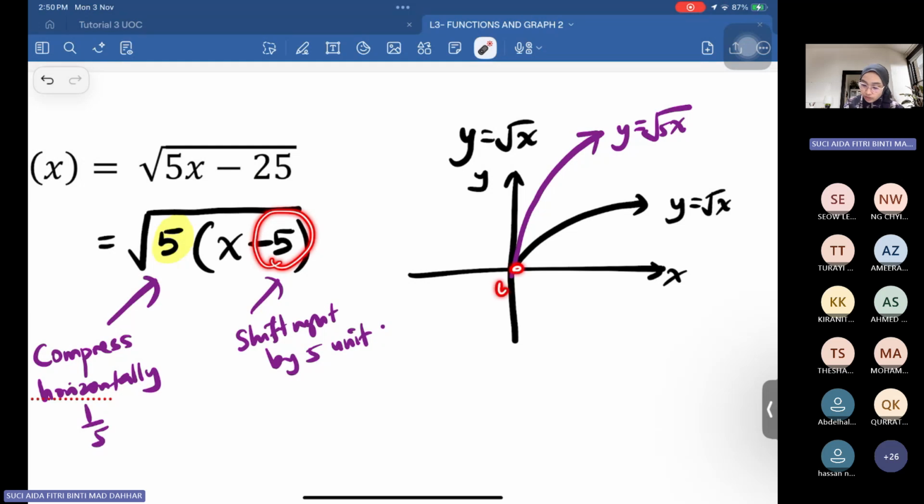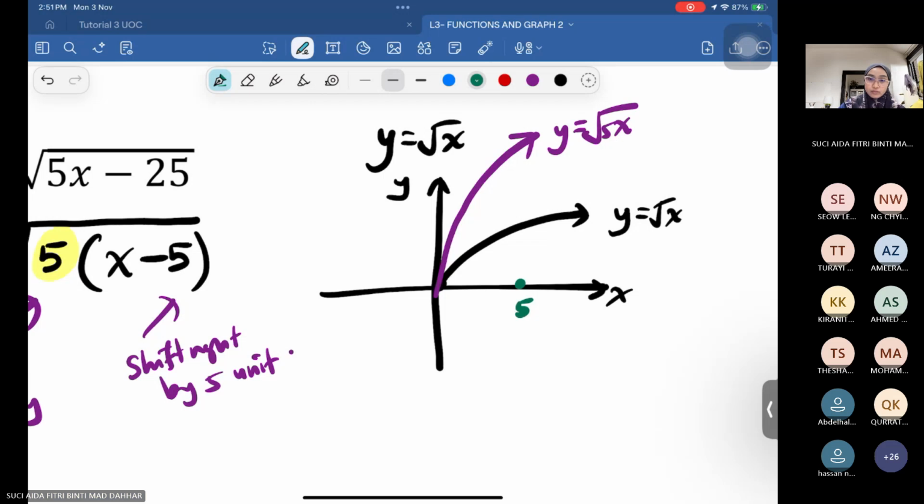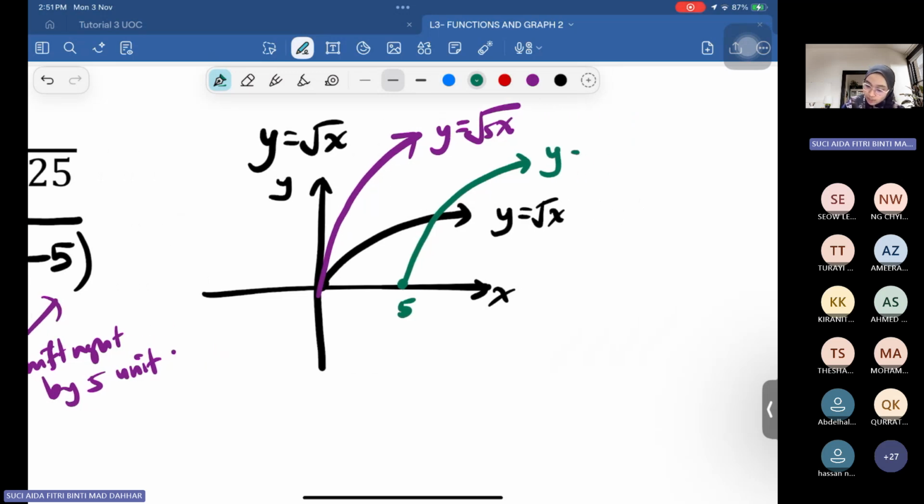So this is at 0, right? How do I shift this to the right? The purple curve will move entirely to 5. So it has been moved here. Exactly the same shape, but shifted to the right. So this graph is y equals square root of 5x minus 25. This is the final graph.